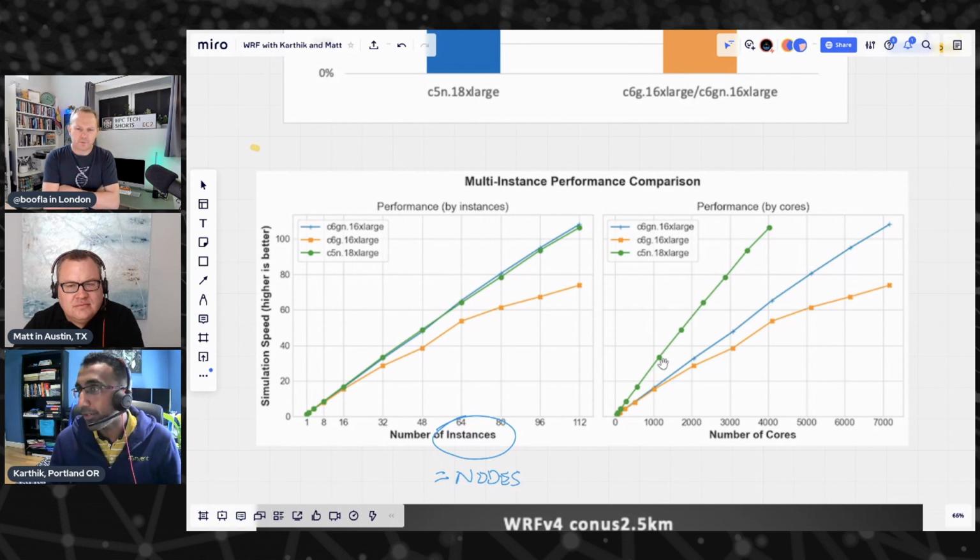This is an expected behavior because you are essentially getting higher overall memory bandwidth when you are able to run on more instances. So that's a clarification for a lot of our readers who look at the performance on a per core basis. Okay, that's interesting. And so it just keeps coming back to memory bandwidth.